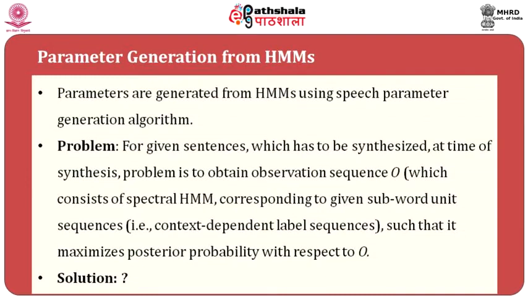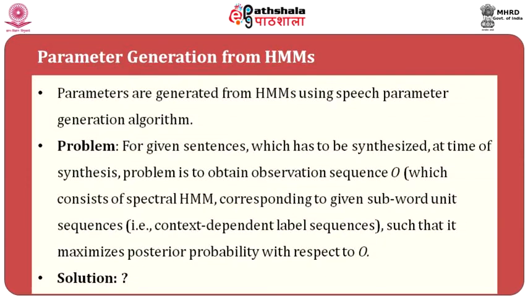So the problem is, for a given sentence which has to be synthesized at the time of synthesis, to obtain an observation sequence denoted by O, which consists of spectral parameters and excitation parameters, from lambda HMM corresponding to the given sub-word unit sequence, that is the context dependent label sequence, such that it maximizes the posterior probability with respect to O.